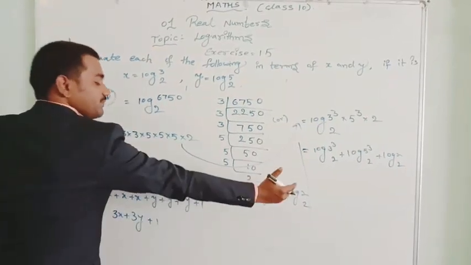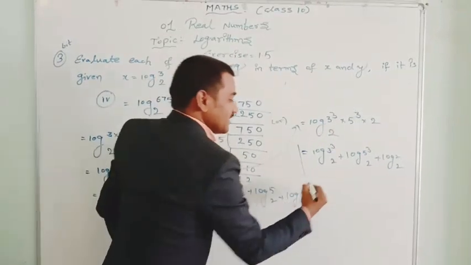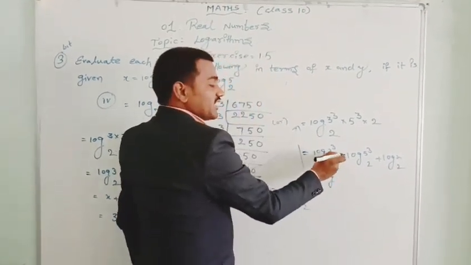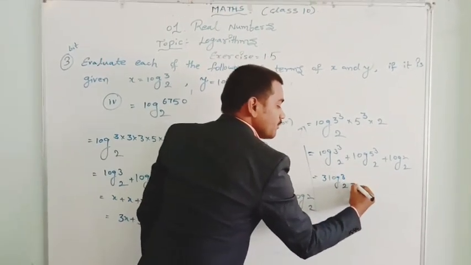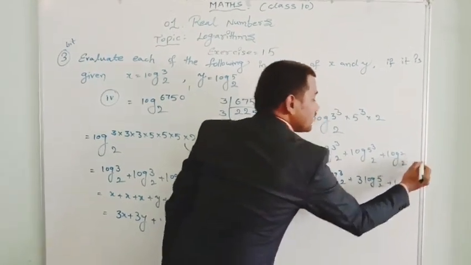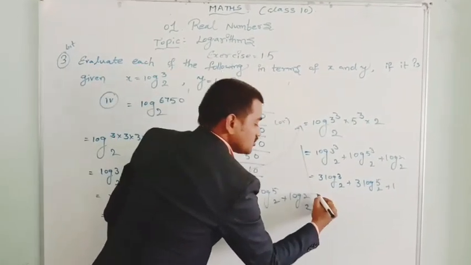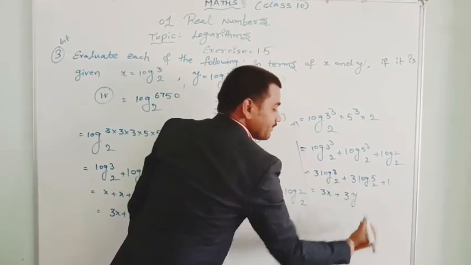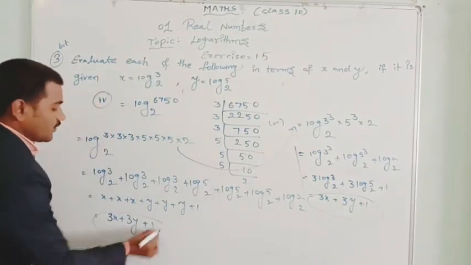To save our ink and time, we can write this. By using the formula log of x to the power m, base 2, equals m log x, you know. So 3 into log 3 base 2 plus 3 into log 5 base 2 plus log 2 base 2 equals 1. Log 3 base 2 equals x, so 3x, plus 3 log 5 base 2 equals 3y, plus 1. Here also we got the same answer as before.